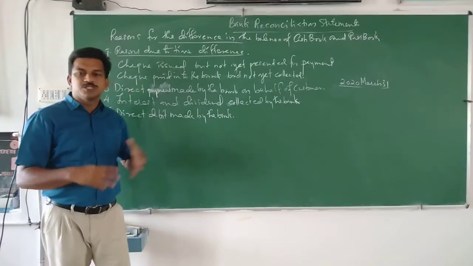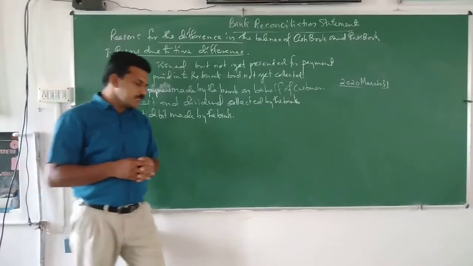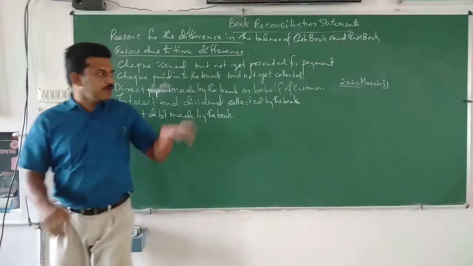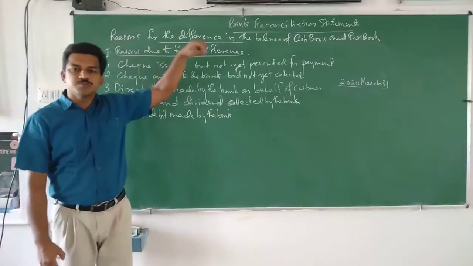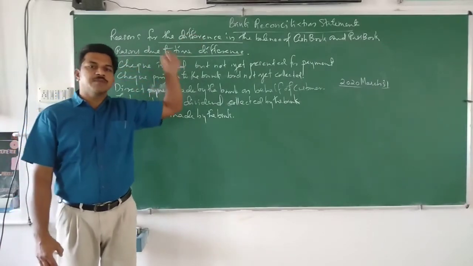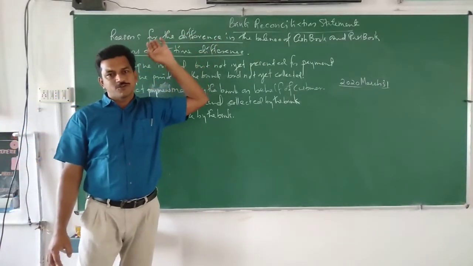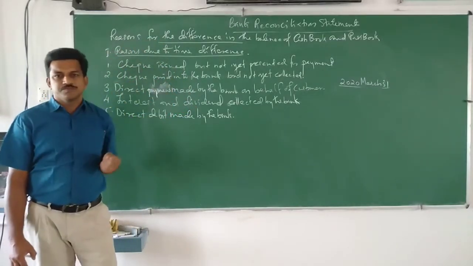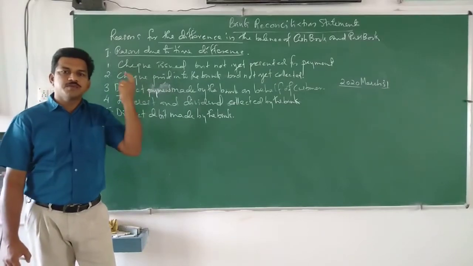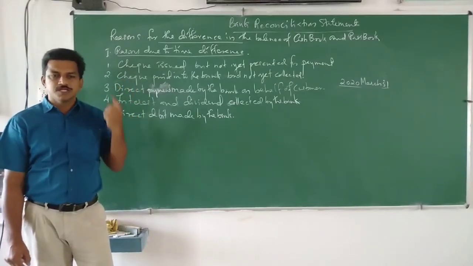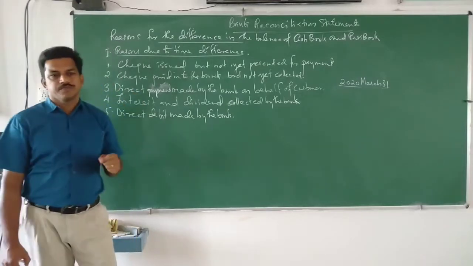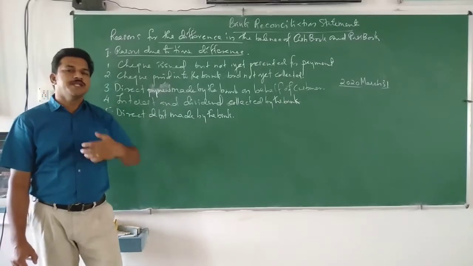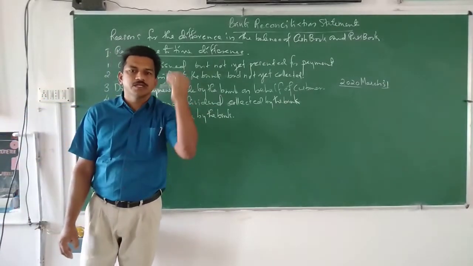Here, direct debit means sometimes the bank debits some money. For example, we have deposited our customer's check into the bank, and the bank has to collect the money from Bank of Baroda. For that collection, the bank will charge an amount. For doing that work, the bank will charge an amount. That is normally called bank charges. If we have sent a DD, demand draft, to somebody, for that also the bank charges some money.